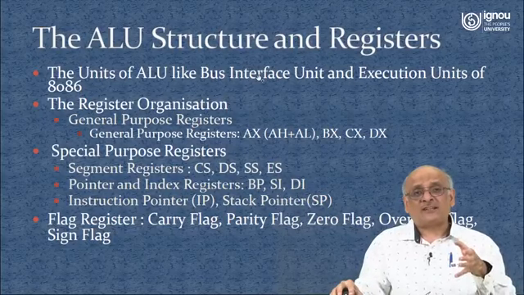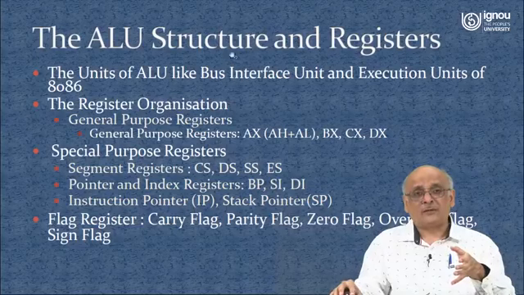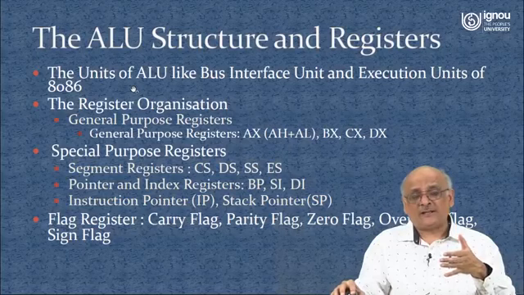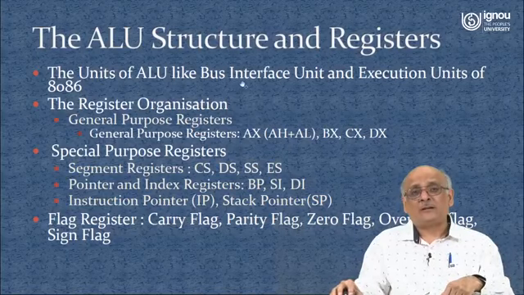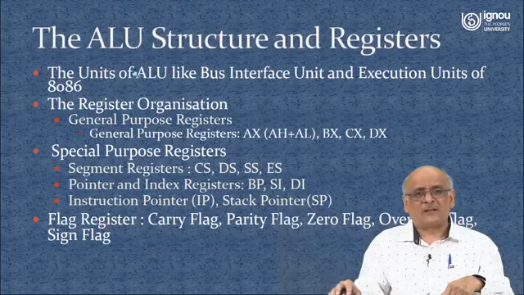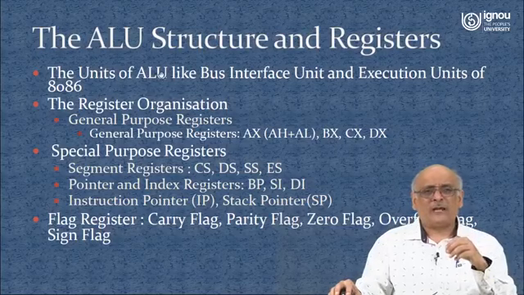But the instruction set cannot execute without the registers and the ALU structure, right? So I just want to bring once again the context of the ALU structure, the units like the bus interface unit and execution unit of 8086. In fact, that is the whole microprocessor. Let's not simply put it as ALU.